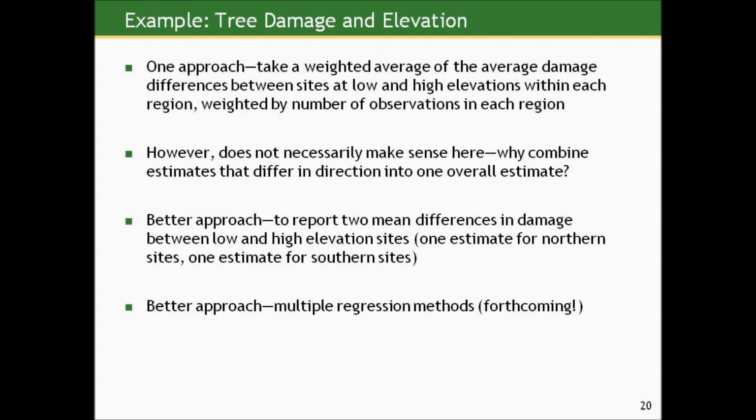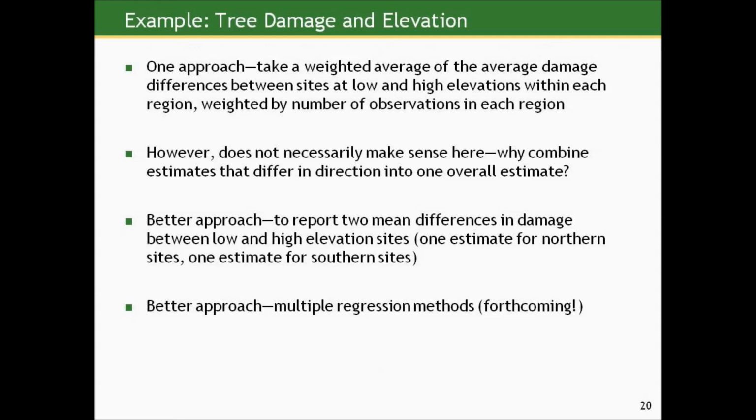So how could we rectify this? Well, we did stratify, and we got two different estimates, and we could take a weighted average of them and get what we'd call a region-adjusted association between damage and elevation. But that doesn't really make a lot of sense, does it? Why combine estimates that differ in direction into one overall estimate? A better approach would be to report the two mean differences in damage between low and high elevation sites separately by region.